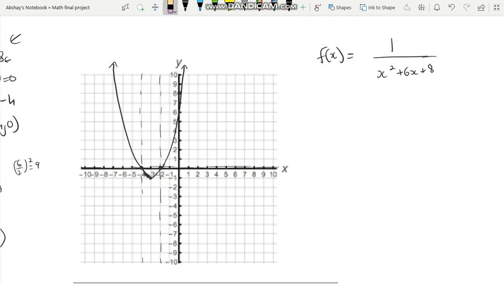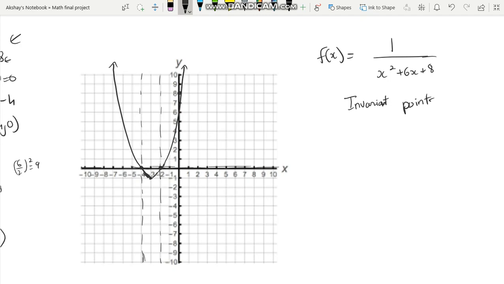My reciprocal function graph can never touch these two lines. So my vertical asymptotes are at my x-intercepts, a vertical line through my x-intercepts, and my horizontal asymptote is y is equal to 0.